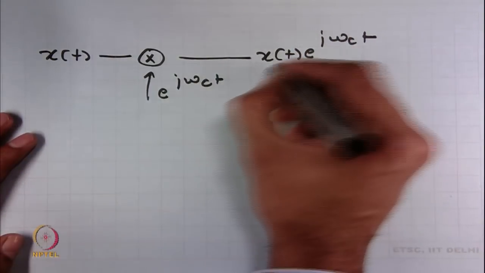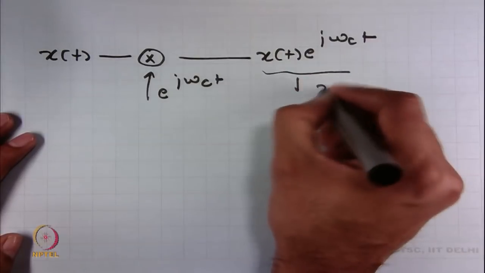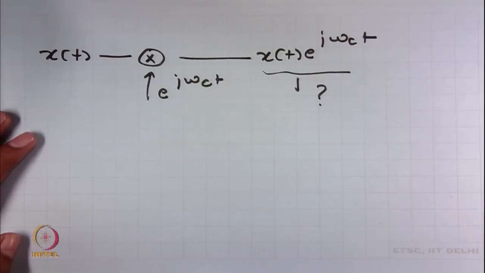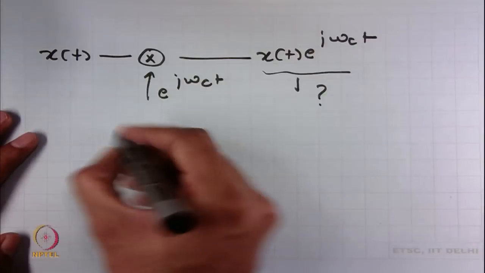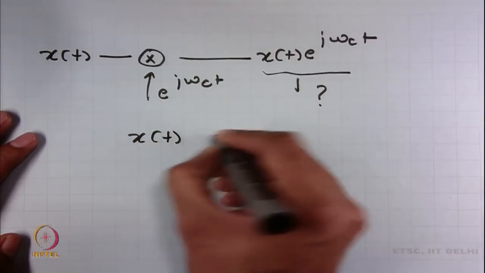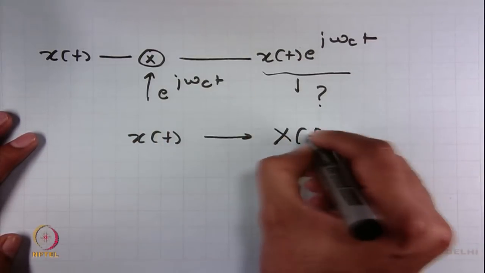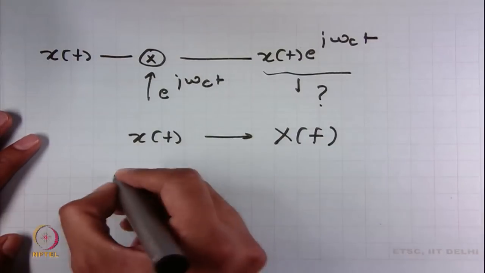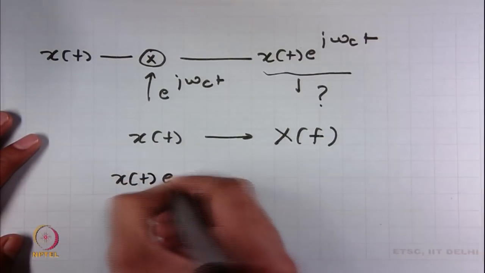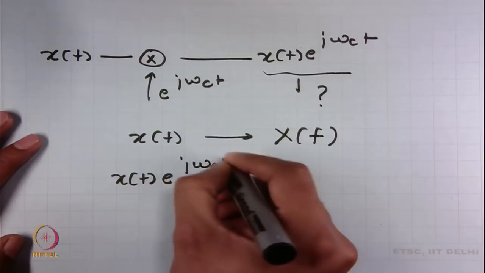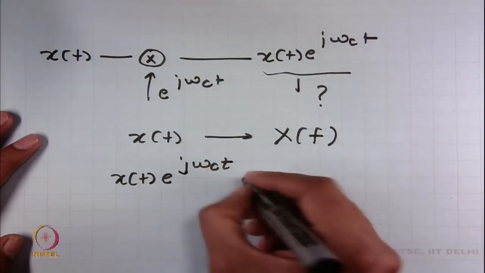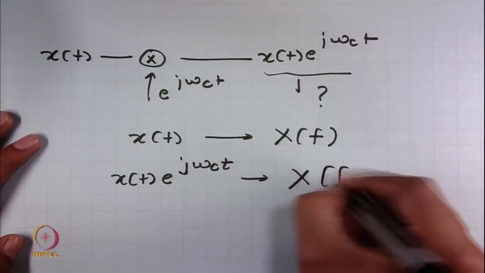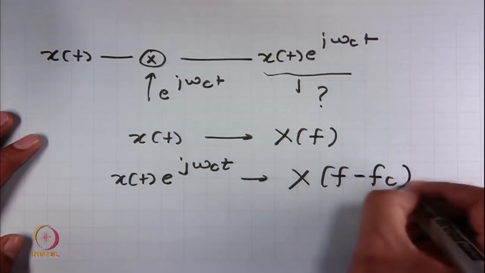Let us now first investigate what is the spectrum of this signal. From the course in signals and systems, you must have seen that if x(t) has a spectrum X(f), then x(t) times e^{jω_c t} would have a spectrum at around f_c, X(f − f_c).